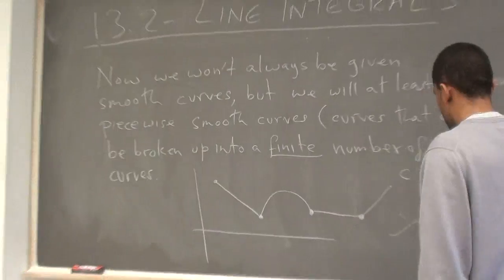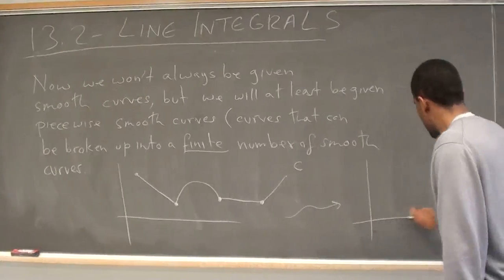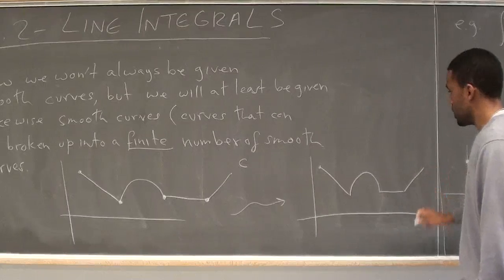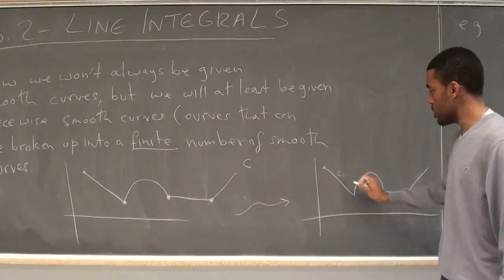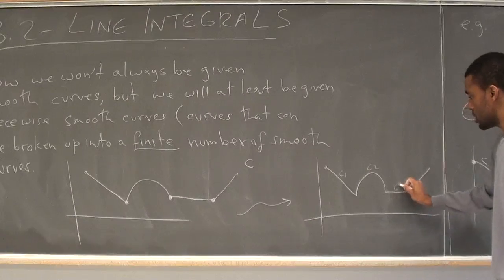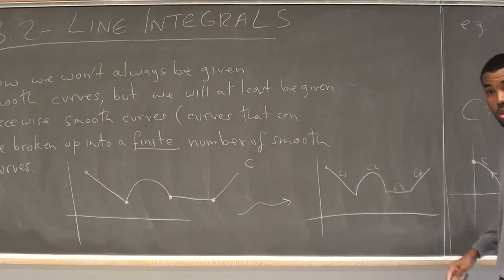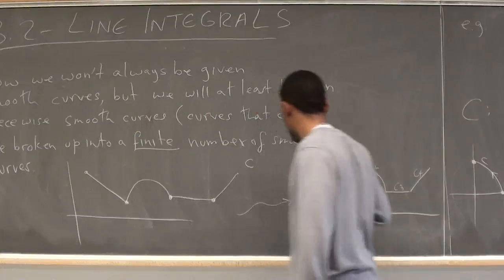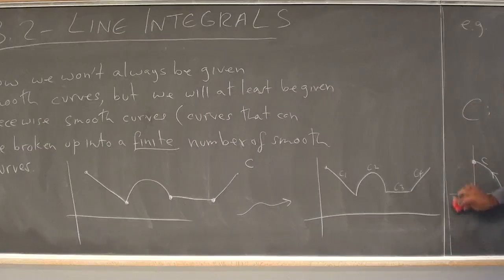So the idea would be to break this curve up. You can call it C1, C2, C3, C4. So you break up the curve C into a finite number of other curves which are smooth, and you're going to apply the theorem to each curve separately.